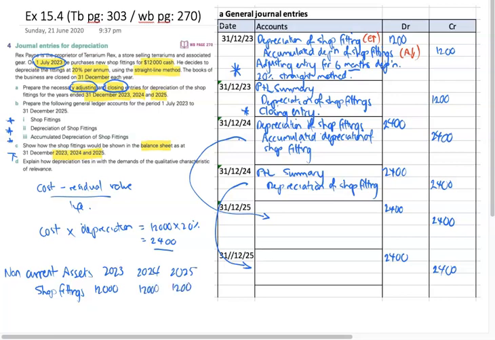What we need to do is less the accumulated depreciation. So how much was there of accumulated depreciation up to the end of 2023? There was $1,200.